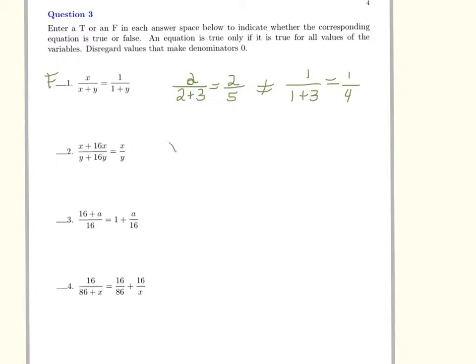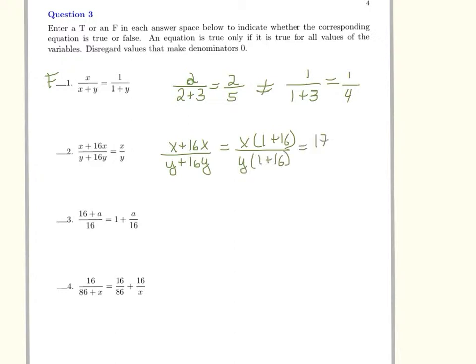The next one, if we look at the left-hand side, x plus 16x over y plus 16y, well, we can factor out an x and get 1 plus 16, and similarly a y and get 1 plus 16 in the denominator.